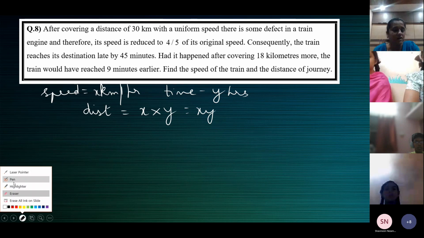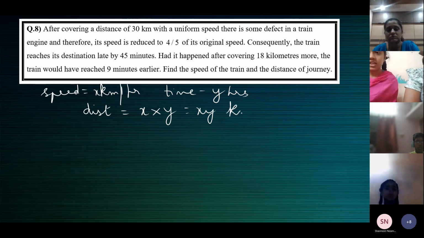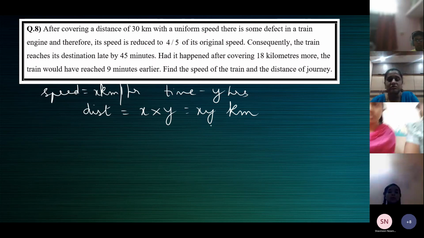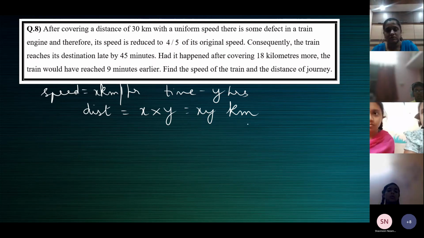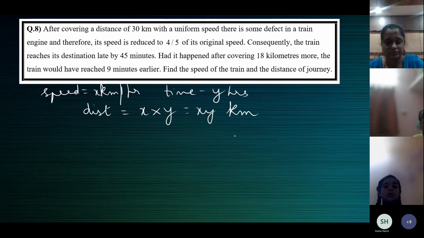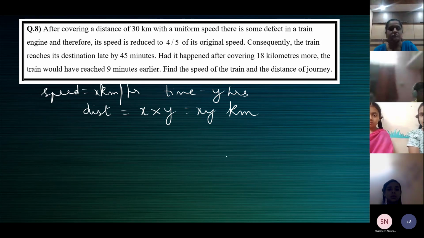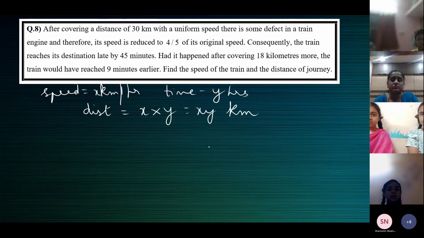Yes or no, class? Yes, ma'am. The total distance is xy kilometers. So what will be the remaining distance? After covering 30 kilometers, what will be the remaining distance? xy minus 30 kilometers.